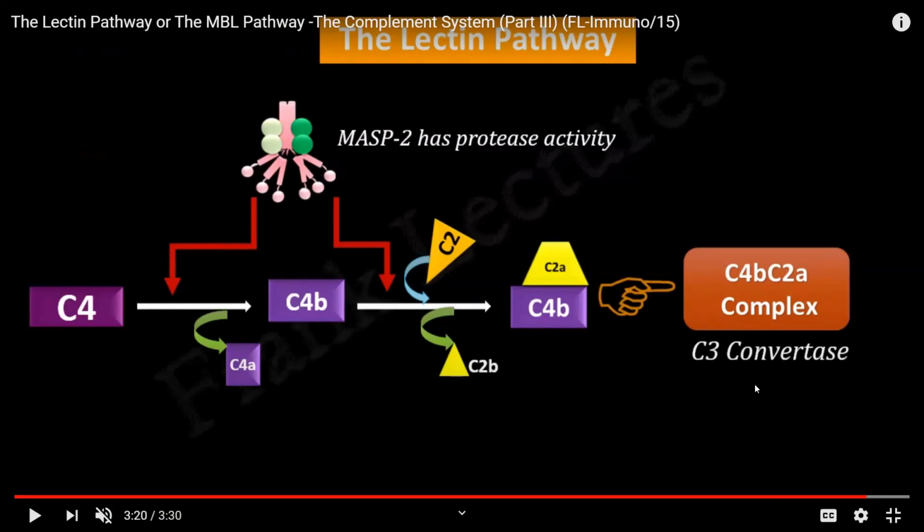C3 will be cleaved, C3b will be formed, C3b will attach itself to the microbial surface, and so on, forming more and more convertase, and at last it will form the membrane attack complex, and then the whole cell will be destroyed. Is this pathway clear to you all?